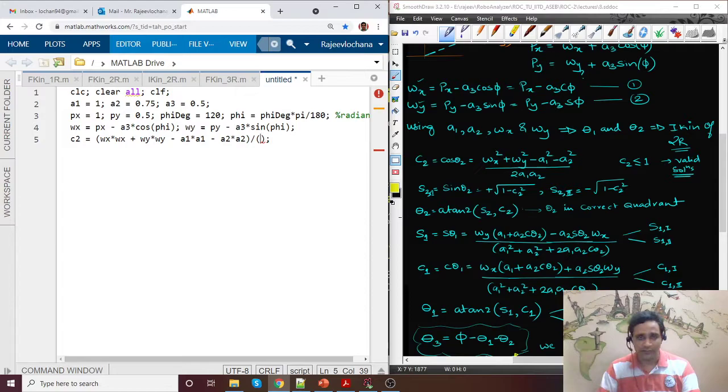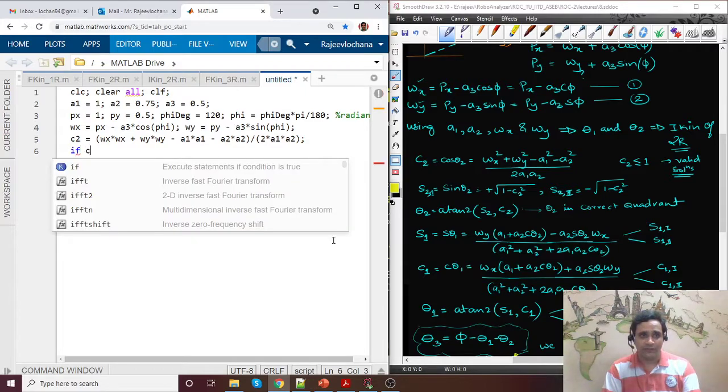So that is the numerator. The denominator is 2 into a1 into a2. This is important, please remember to have a bracket. See what will happen if I don't have one: this whole term will be first evaluated, and then the division by a1 will be done in the numerator instead of the denominator. Obviously the rest of the code will become problematic because everything is dependent on the value of c2.